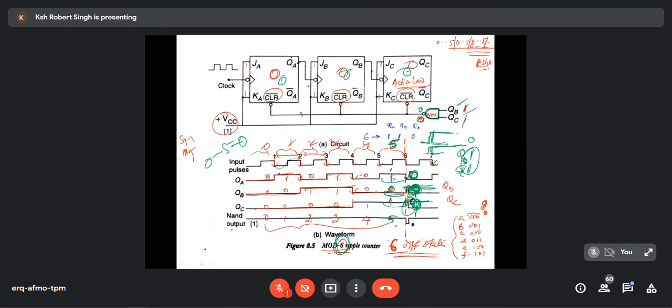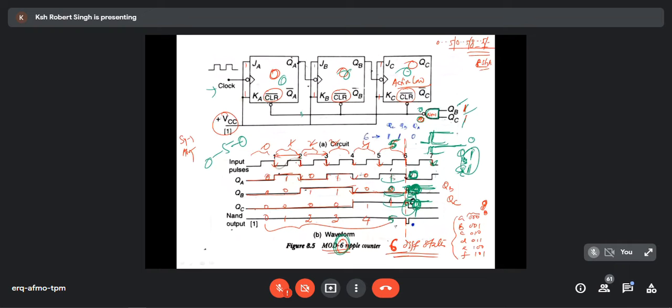So everything will become 0, 0, 0. Then in the next clock pulse, it will start again counting from 1, 2, 3, 4, 5 like that. I am forcing it to do that.